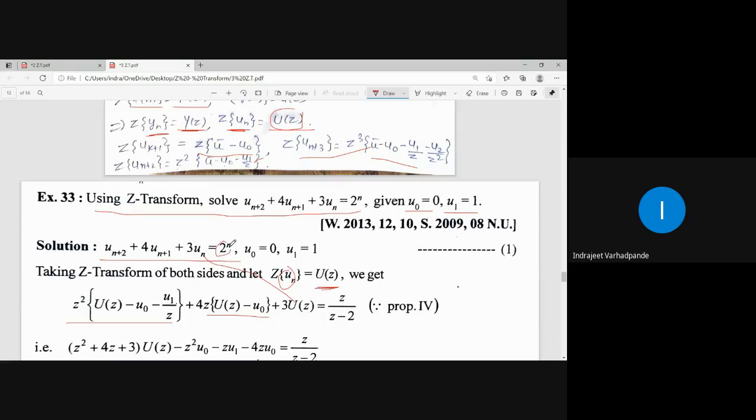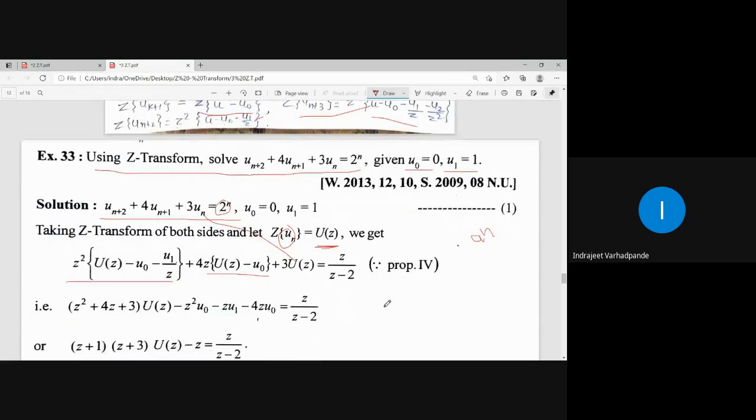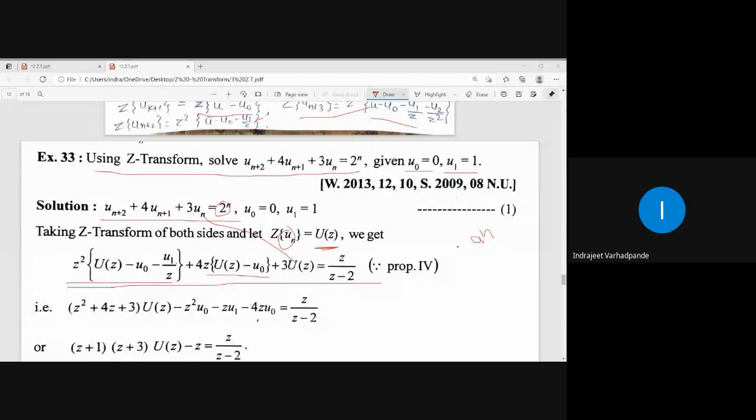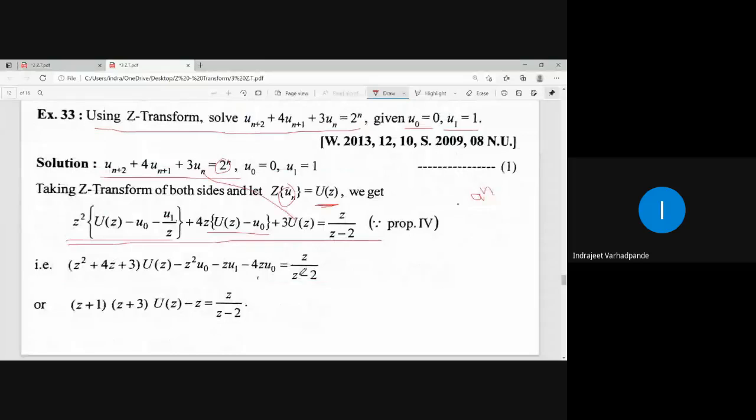On the RHS, the Z transform of a to the power n is z upon z minus a. So accordingly the Z transform of all the terms is taken into consideration and then I put the condition.